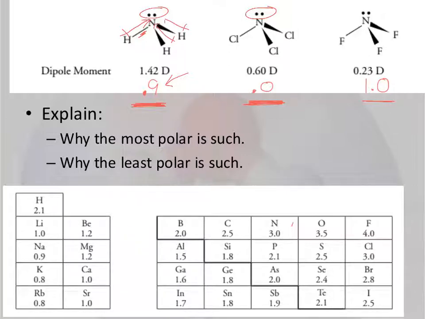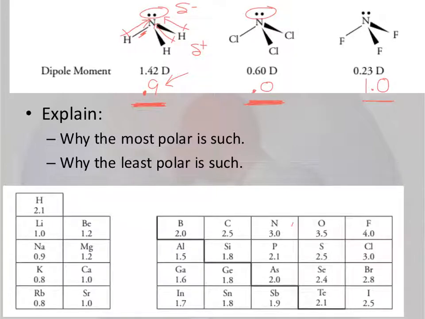So the bonds themselves are giving some partial positive, partial negative. Then you've got this big lone pair on top, which is really exacerbating that. So you've got a huge difference in partial positive and partial negative on this molecule.